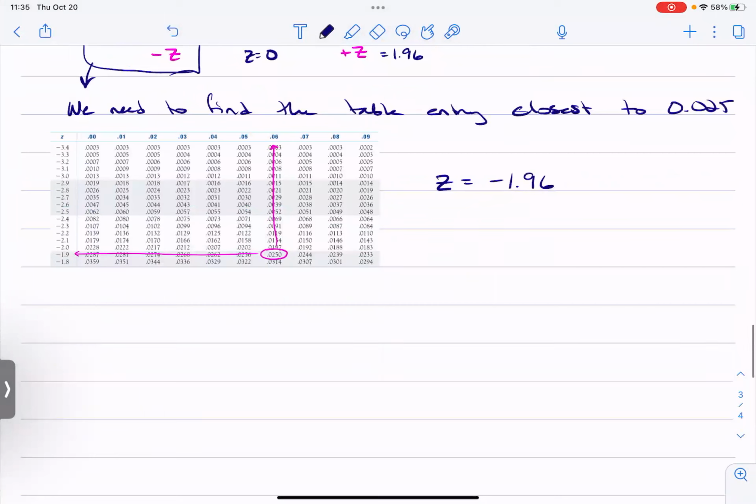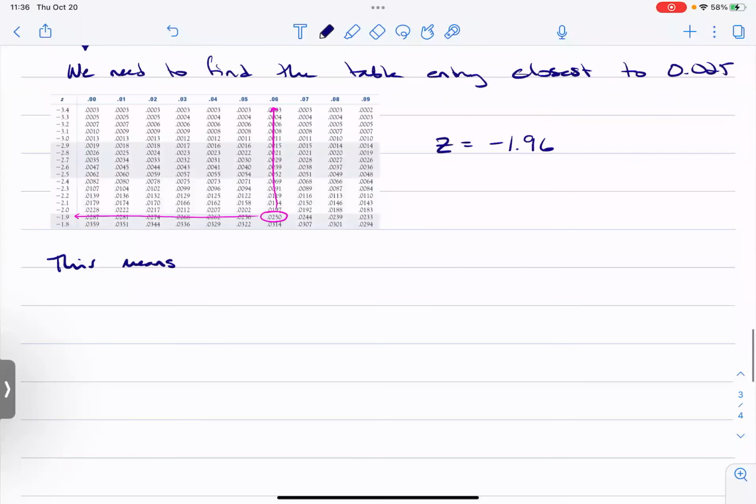Okay, so let's just summarize here. This means what? That we've captured the central 95% of the distribution of p hats by moving out 1.96 standard errors from the point estimate, and away from means in both directions.